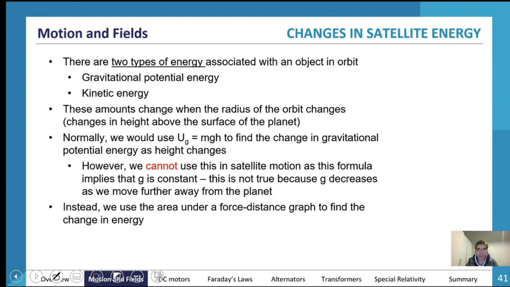Now let's talk about the changes in satellite energy, because there are two types of energy associated with an object in orbit. There is gravitational potential energy and there is kinetic energy. These amounts change when the radius of the orbit changes.